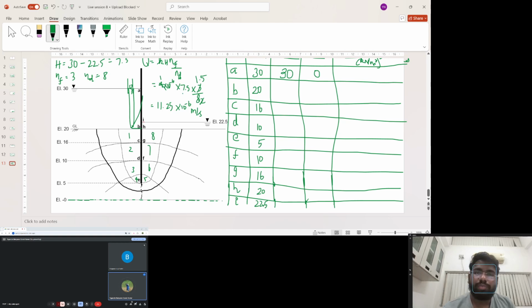So hence the pressure head will be 10 and the total head will be 30. So which states that there is no flow occurring from here to here within the column. Alright. Now imagine the total head here is 30 and similarly here also the total head will be 22.5.